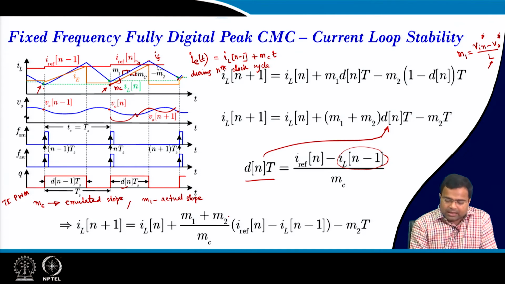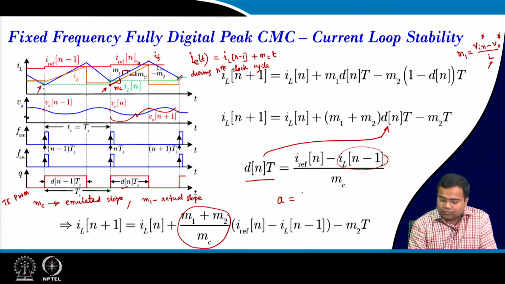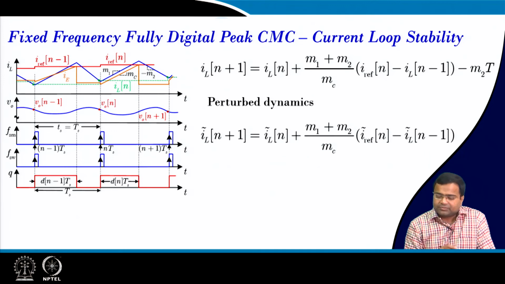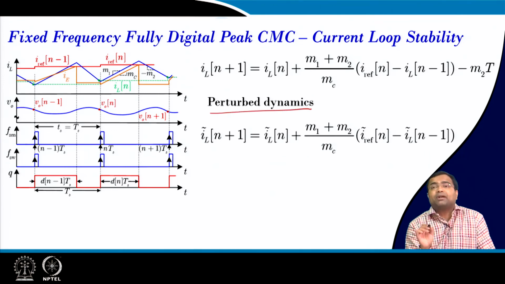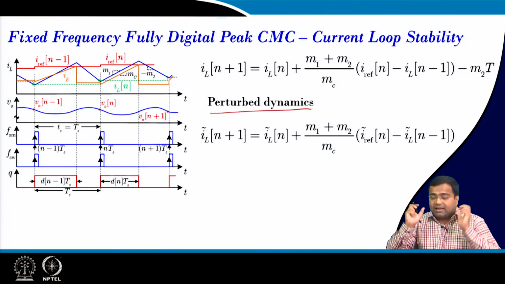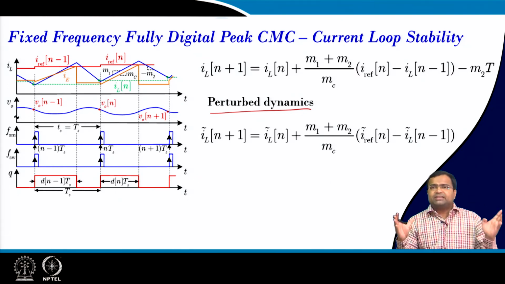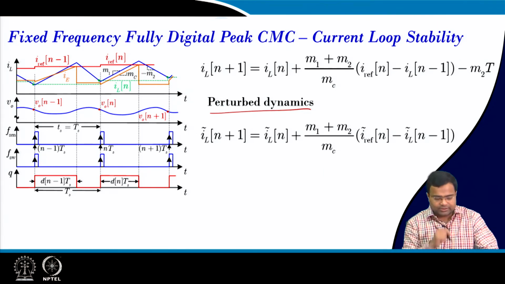Now let us take A equal to M1 plus M2 by MC. Now I want to do the perturbation and see the effect. If we perturb the initial condition, we can find out the requirement of stability if the I ref n is constant.